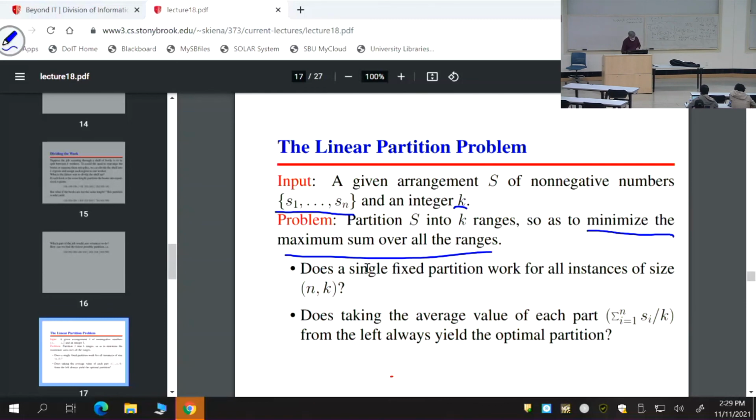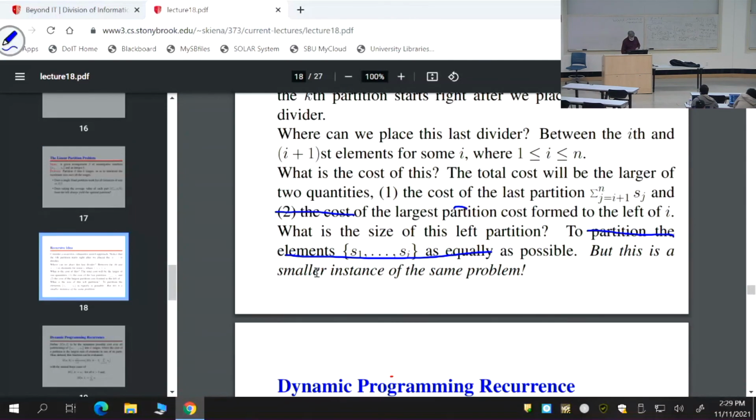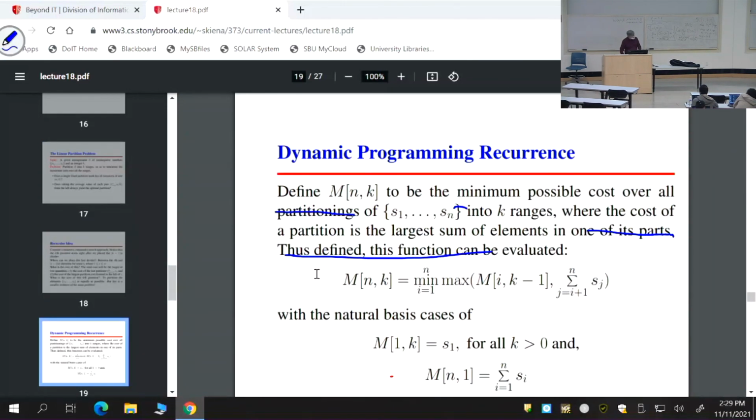So how do I partition this? I claim that there is a recursive idea here that I want to think about. Let M[n,k] be the minimum possible cost over all partitions of the first n items into k subranges, where the cost is only going to be the largest sum, the piece with the largest amount.